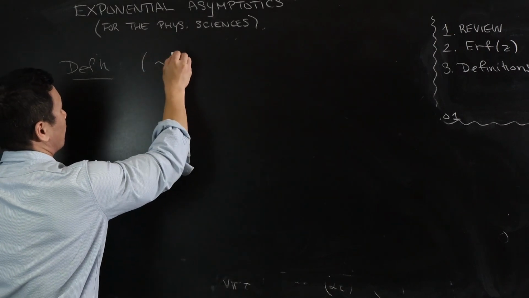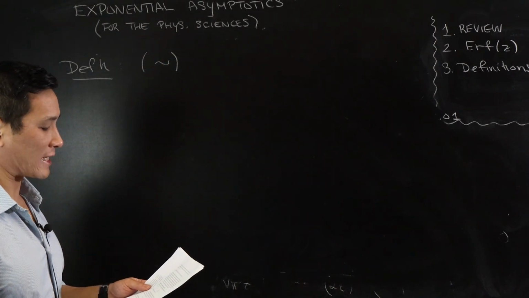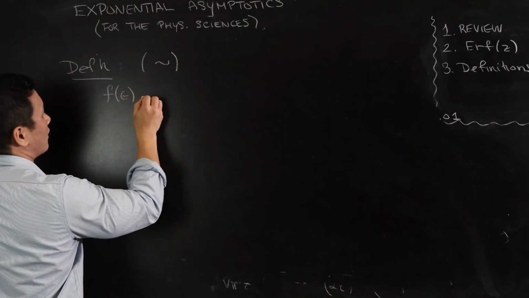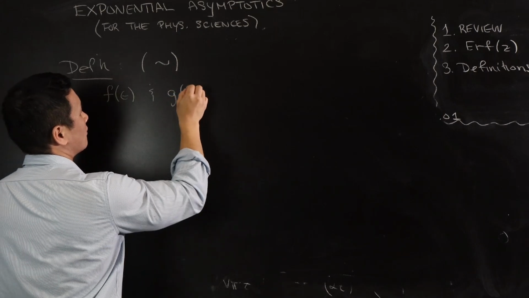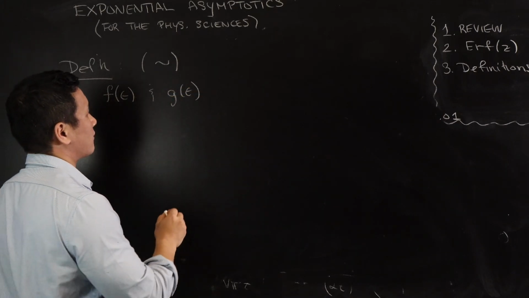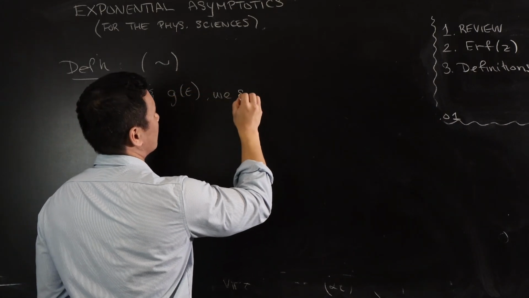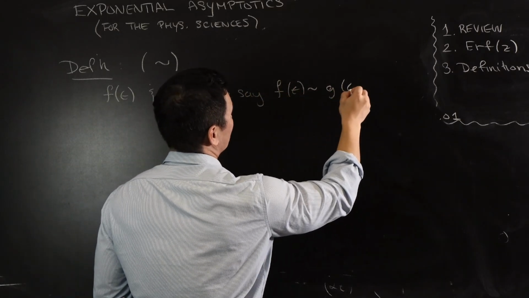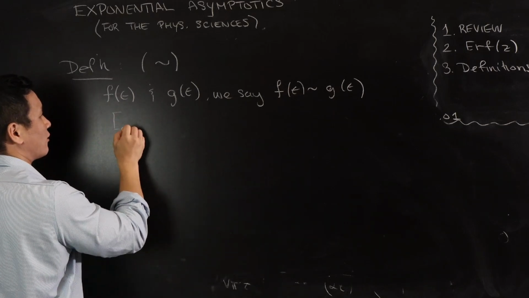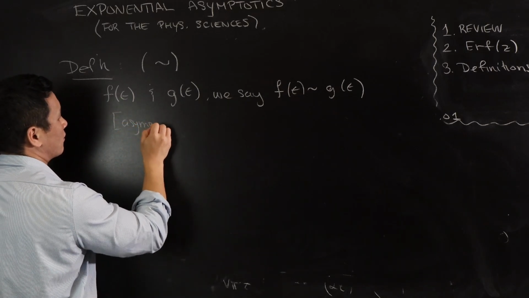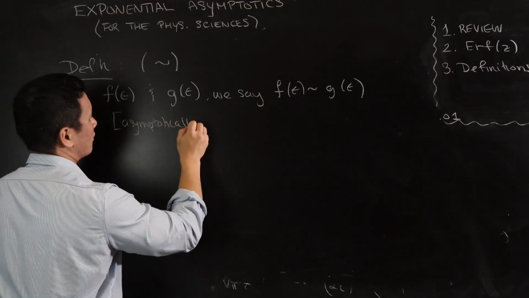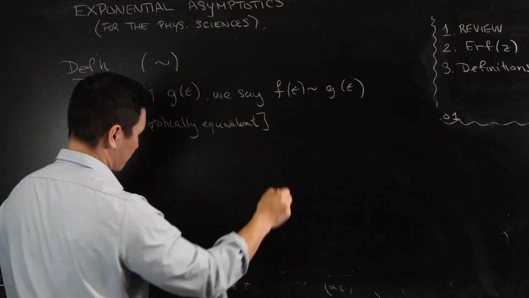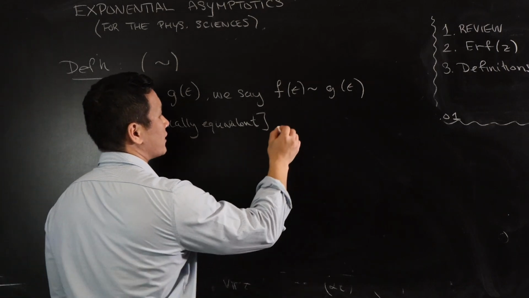So I'm just going to define what it means to be this tilde, or asymptotically equivalent. So given a function f of epsilon and g of epsilon, we say that f of epsilon twiddles g of epsilon, or is asymptotically equivalent, if the limit is the same.